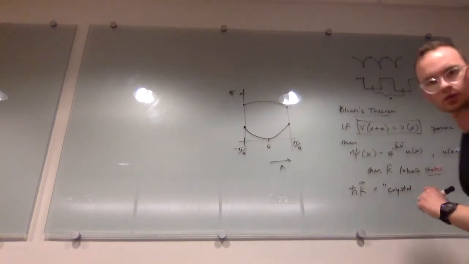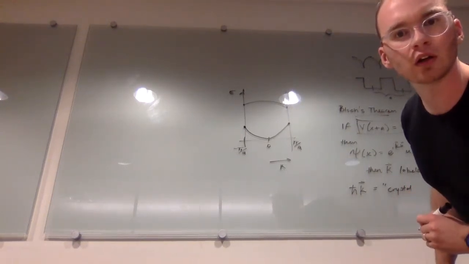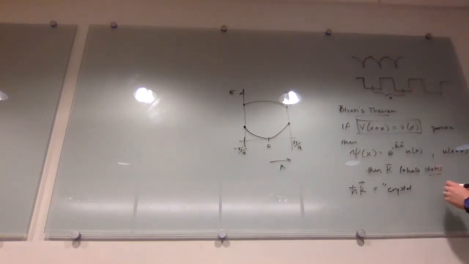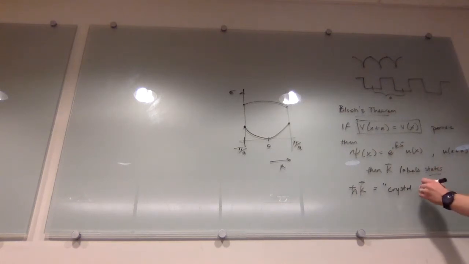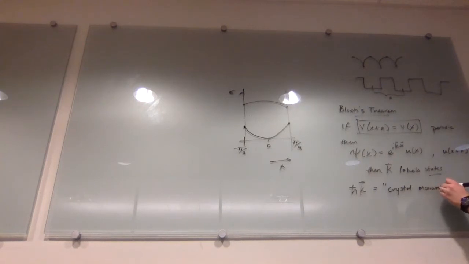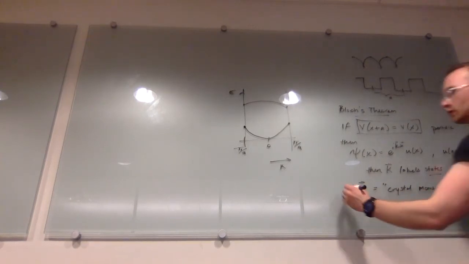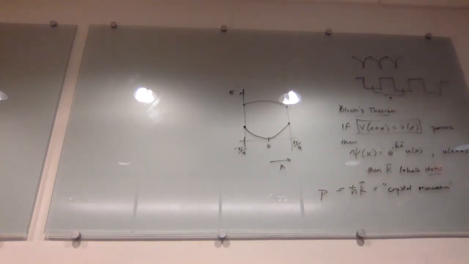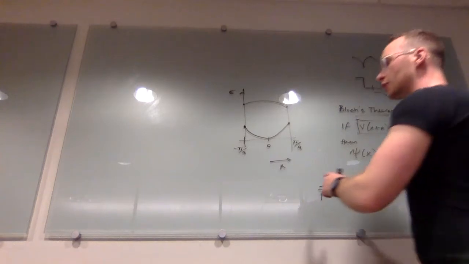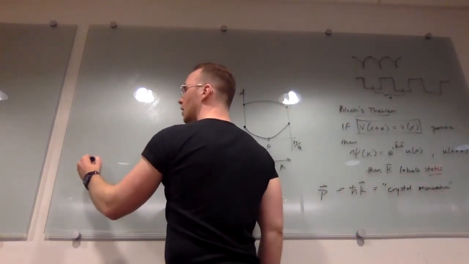Is that how you spell crystal? Yeah, okay. I thought there was an H in there or something. Anyway, it's called the crystal momentum. It's also sometimes written as p for momentum. And we'll see that this relation matters.